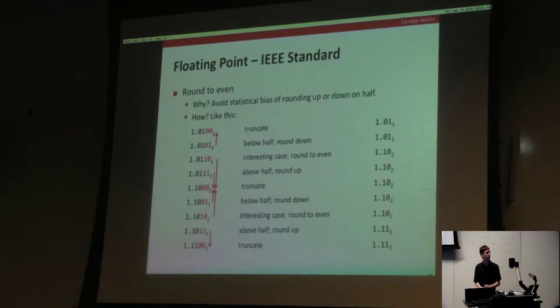So another thing about floats: we have rounding rules. Imagine a statistical situation where you have a bunch of data and you're about to round it because you can't keep it at the full precision.